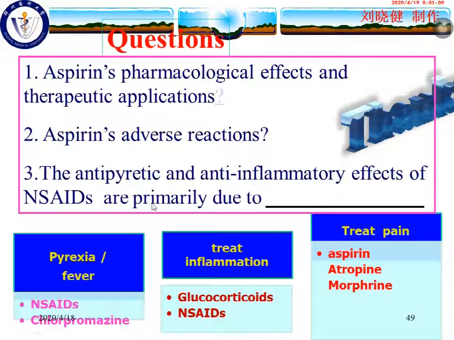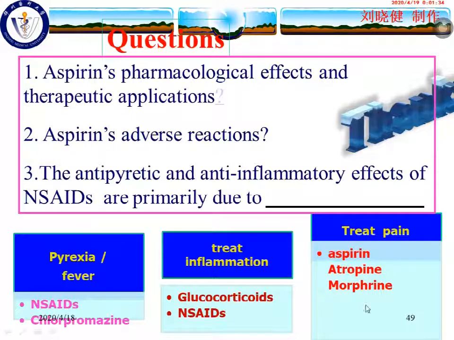Okay, these drugs you have studied in this chapter are usually used to relieve fever. Try to distinguish them from chlorpromazine. And they are also used to treat some inflammation. Try to distinguish them from glucocorticoids. And they are also used to treat pain. So try to distinguish atropine and morphine.